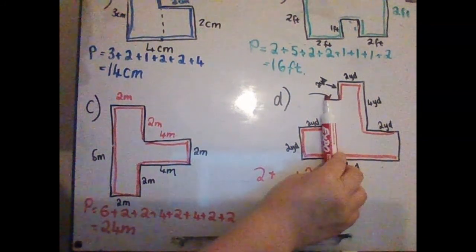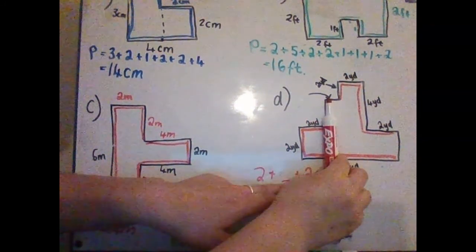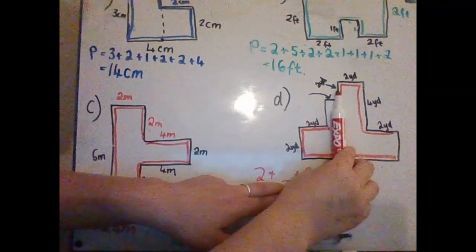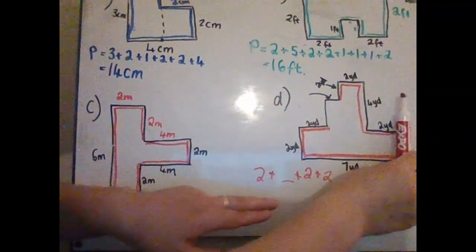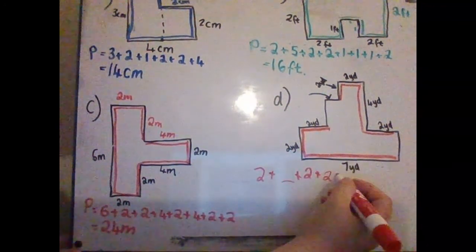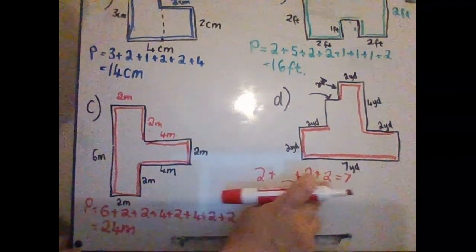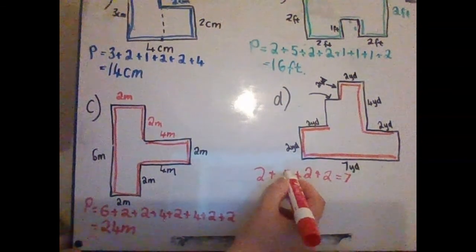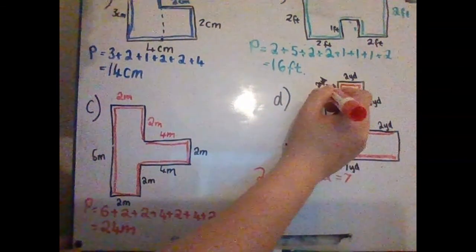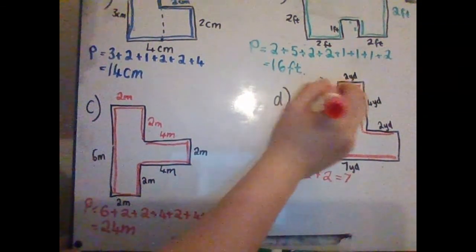Here to here, which is 2, add our blank, add another 2 gives me my total of 7. 2 add 2 is 4, add another 2 is 6, so that means our blank needs to be 1. Okay, I'm going to write it right over there.